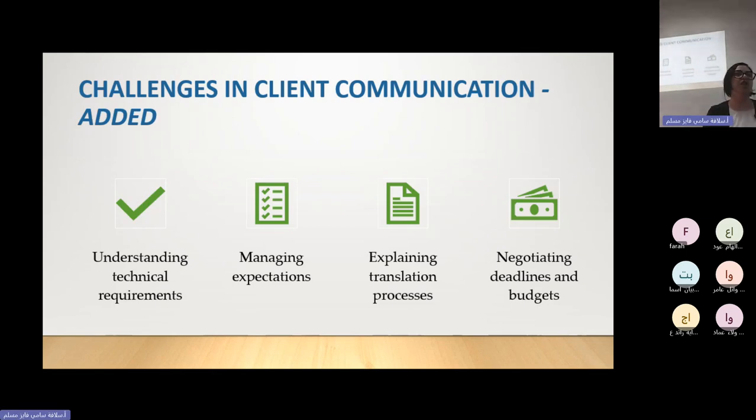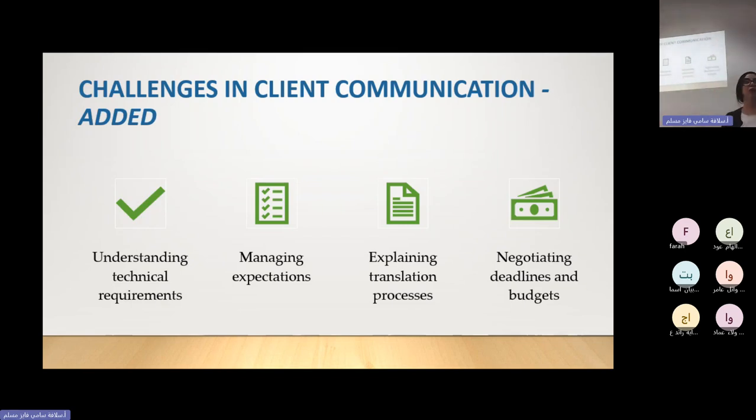Managing expectations. The client imagines that the translator will produce a translation that makes the whole world, when they read it, come and put money into his company. Okay? This is not reality. The translator is translating whatever the client wants, not adding information or adding something aesthetic to bring clients or bring other clients. Okay?